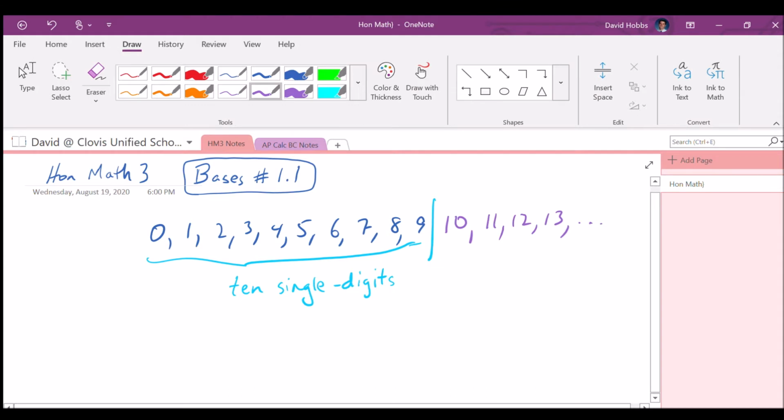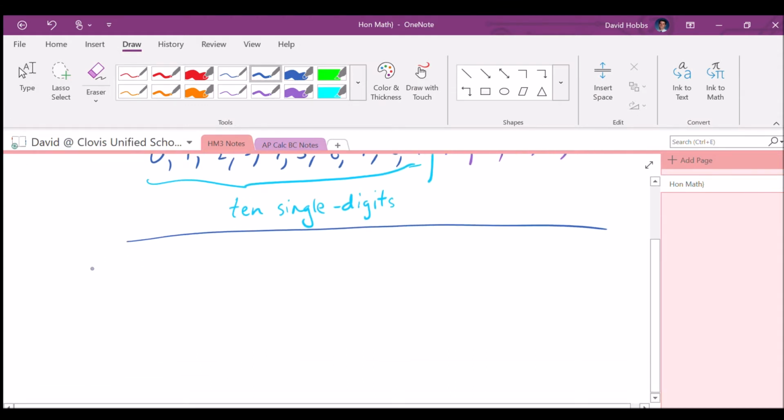What if we were to do something maybe in base 5?